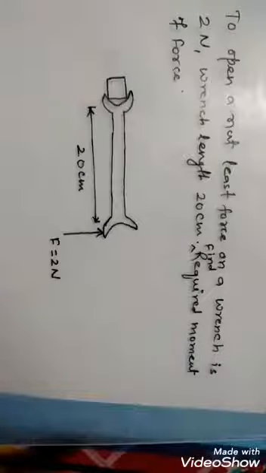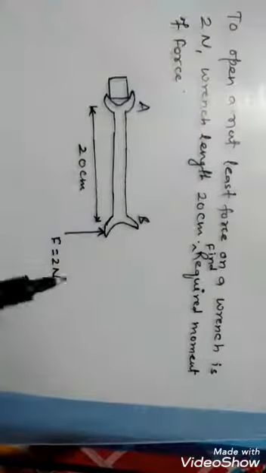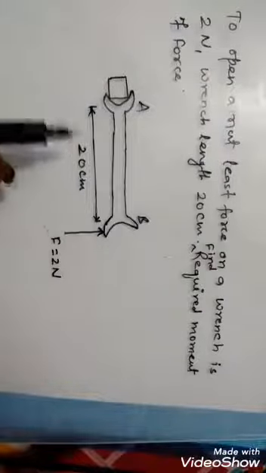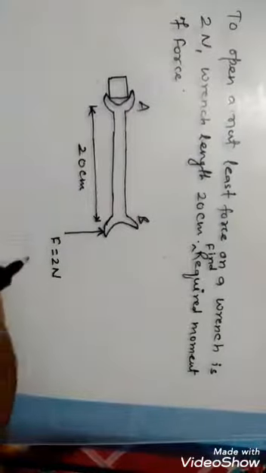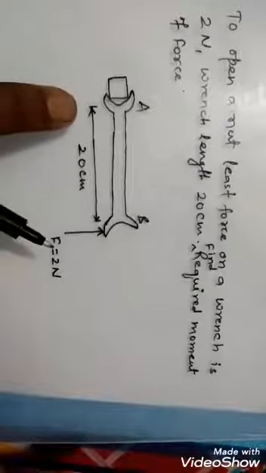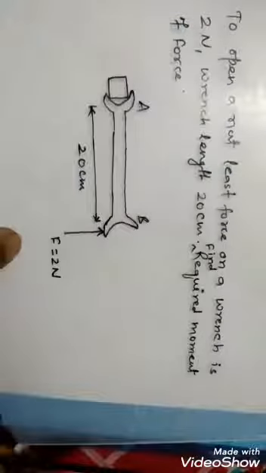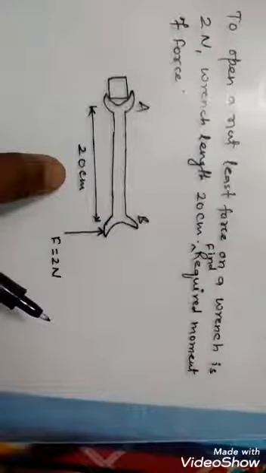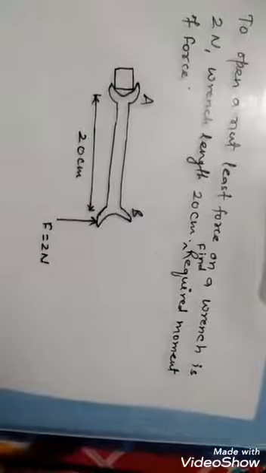Here we have a wrench AB through which we try to open a nut. The least required force is 2 Newton and the distance of the applied force from the axis is 20 centimeter. Then we have to find the required moment of force.